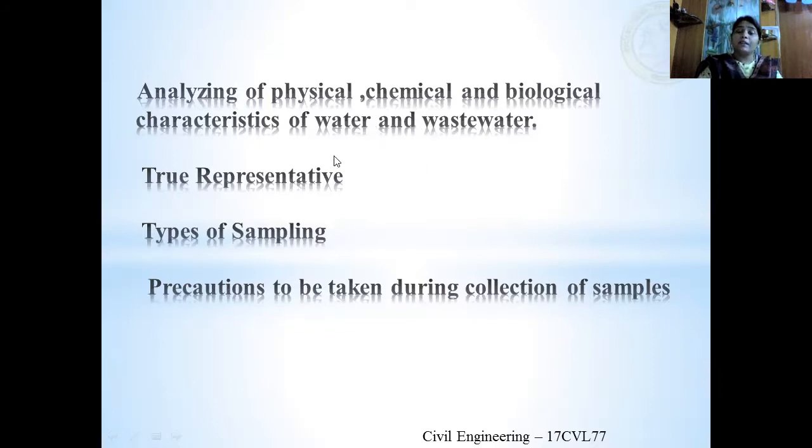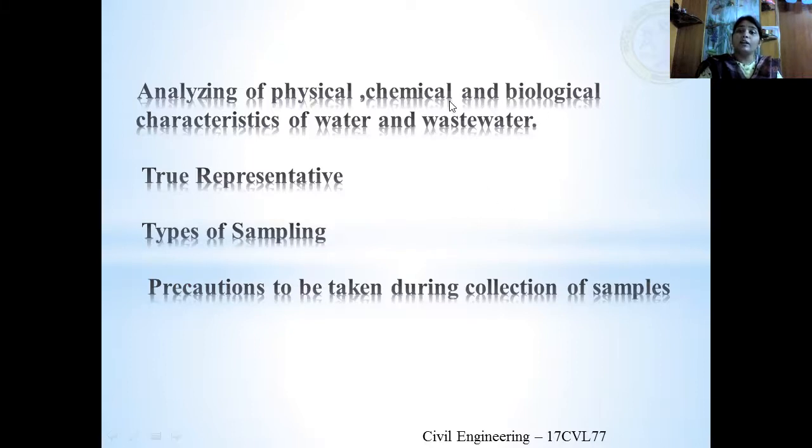Before the water is supplied from any source, it has to be treated because the quality has to be maintained so that it is not going to create any ill health, any hazard to human health. And once it is consumed, once the excess water is developed as wastewater, this wastewater again cannot be disposed or discharged directly without any treatment.